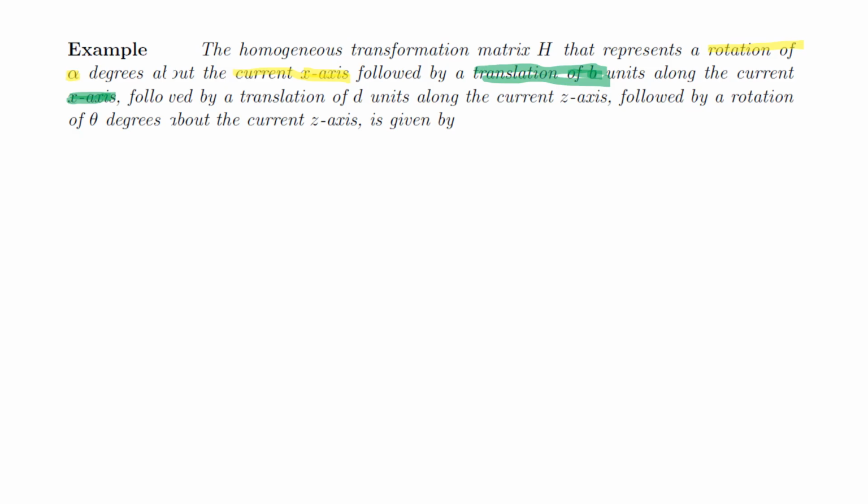And then you have a translation of D units along the current z-axis. So that's the third transformation that we're going to use, followed by a rotation of theta degrees about the current z-axis. So the last two transformations are once again about the z-axis.